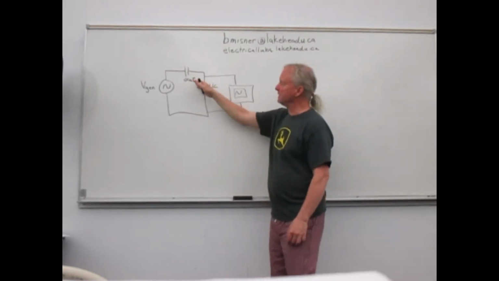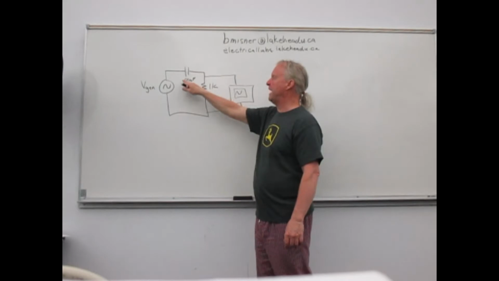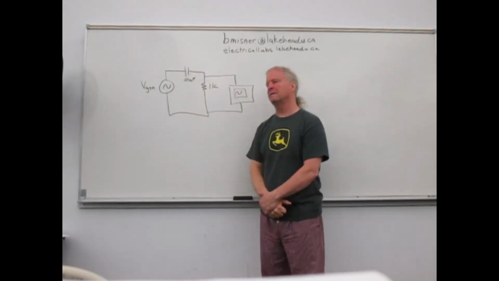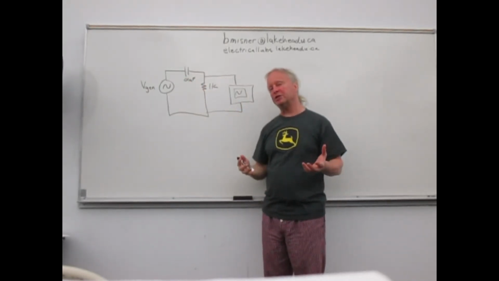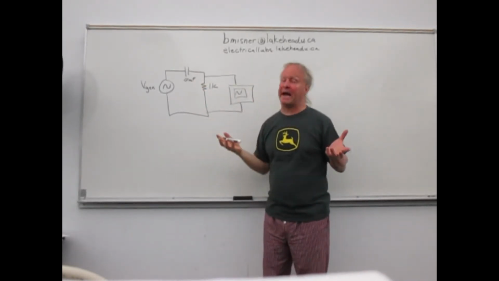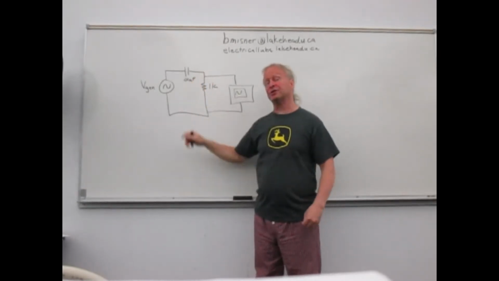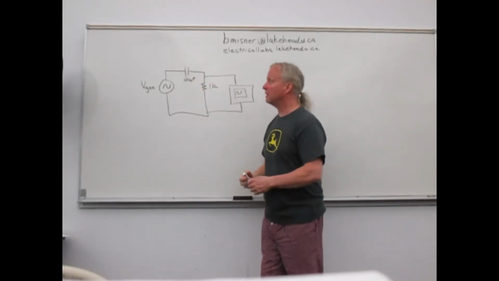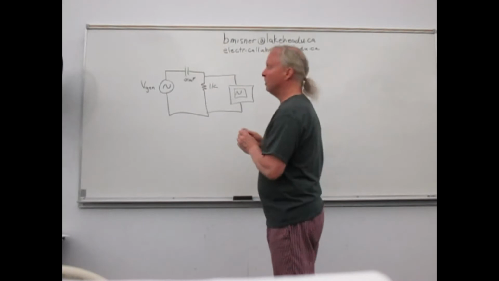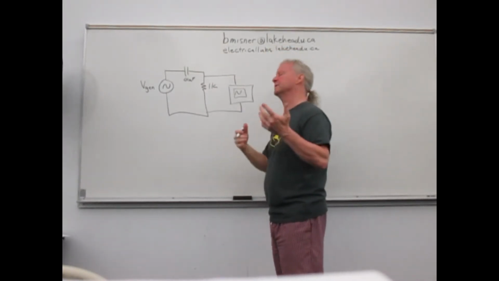Because when we look at this circuit, again, it's just a simple series circuit with a capacitor in series with a resistor. But when the frequency changes, the resistance, actually we call it reactance now, the reactance of the capacitor changes, right? So what we have are the two equations, one for the inductance, one for the capacitance.